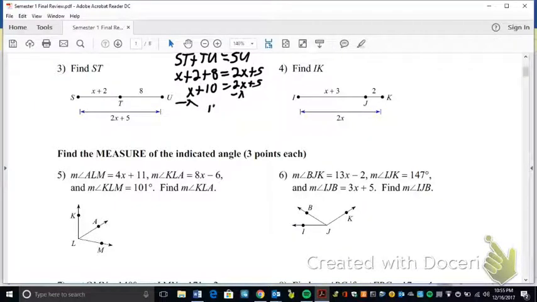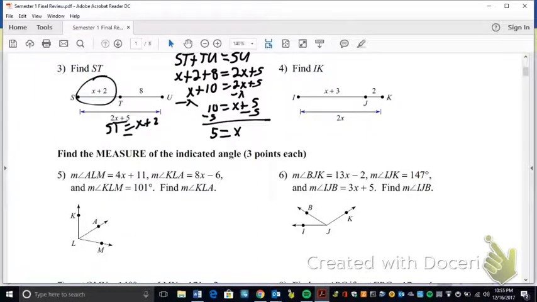Want to subtract x from both sides? We get then 10 equals x plus 5. We're going to subtract 5 from both sides, and we get 5 equals x. Then we know that ST equals x plus 2. So we're going to plug a 5 in right there for the x, and we get ST equals 7.